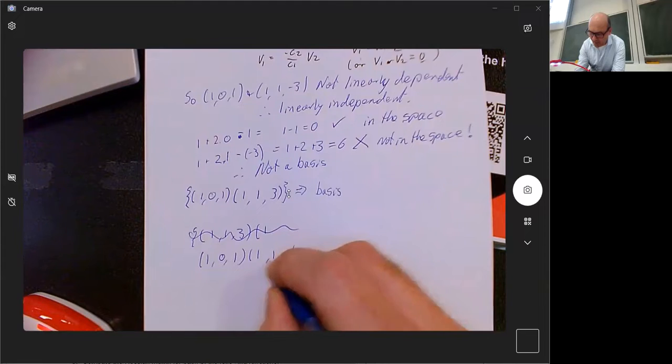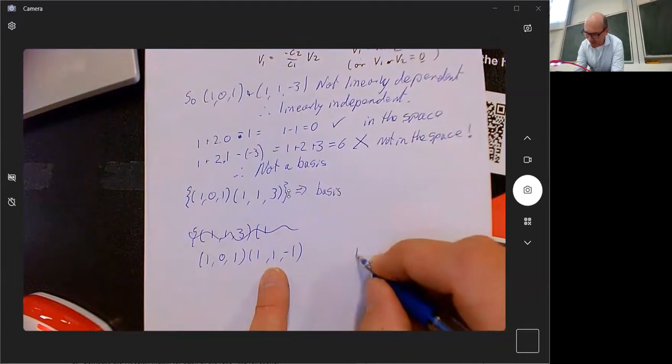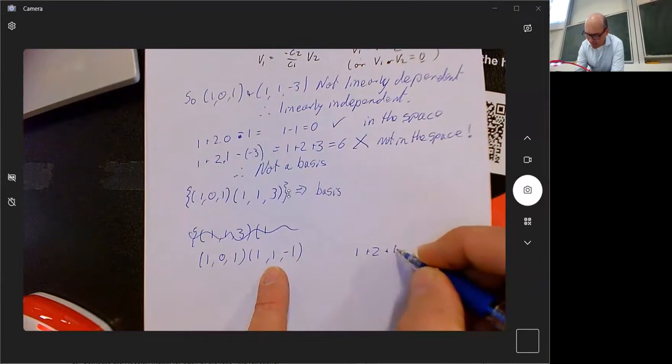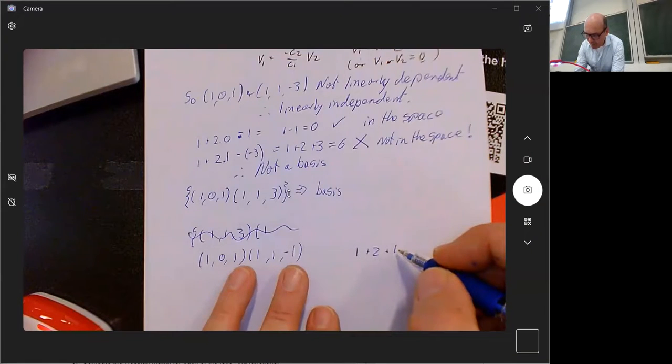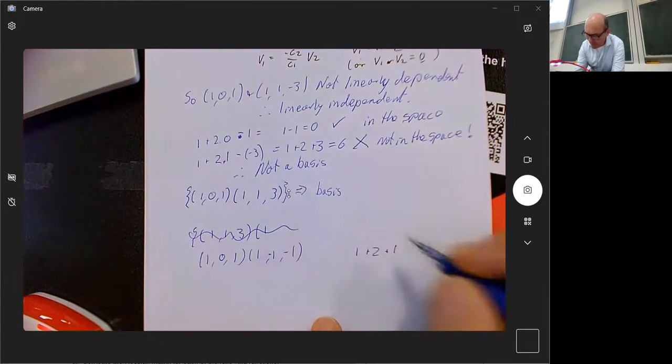Pause while I check that this one is actually in the space. So if I go 1 plus 2 minus, oh, that's going to be plus 1. Nope, that's not what I want. Let's see, that would be 2. Oh, I need that to be that one.